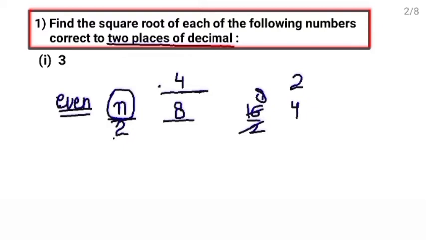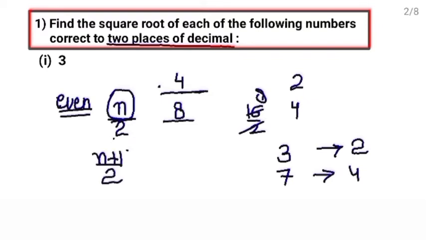For odd numbers, if we have 3 digits, the number of digits in the square root becomes 2. If we have 7 digits, in the square root the number of digits becomes 4. How? If we have an odd number of digits in any number, then in the square root the number of digits will change in this format. For example, we have 9 digits in any number.